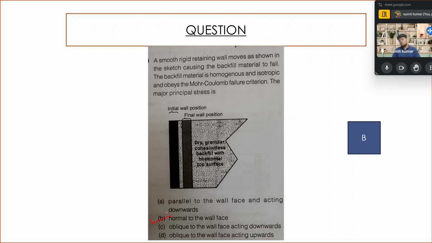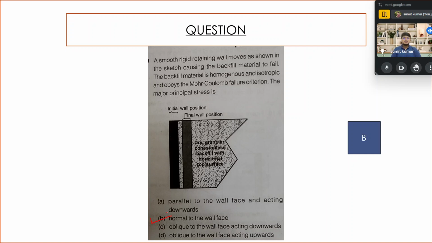As the wall moves toward the soil, it bounds the soil and compresses it horizontally. It increases the horizontal stress, the horizontal forces. So the resultant horizontal force increment results in an increase in stress in the horizontal direction, and the vertical stress is due to gamma z, which is already there.